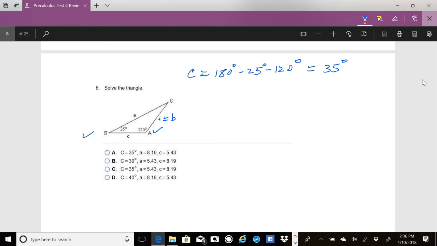So we have all 3 angles now, and we have a side, B. So let's use the law of sines and use sine of A divided by A equals sine of B divided by B. Notice A is 120 degrees.